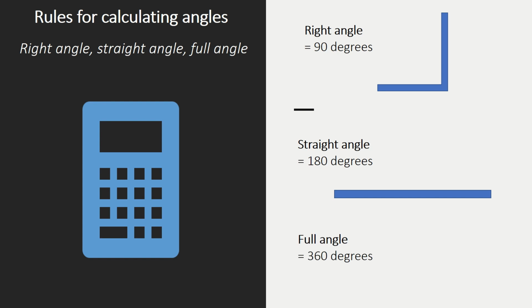And last but not least, a full angle, and it's 360 degrees and it looks like this. First, you've got a line, it's given, then a point that's given as well, and then the full angle is the circle, because a circle is 360 degrees.